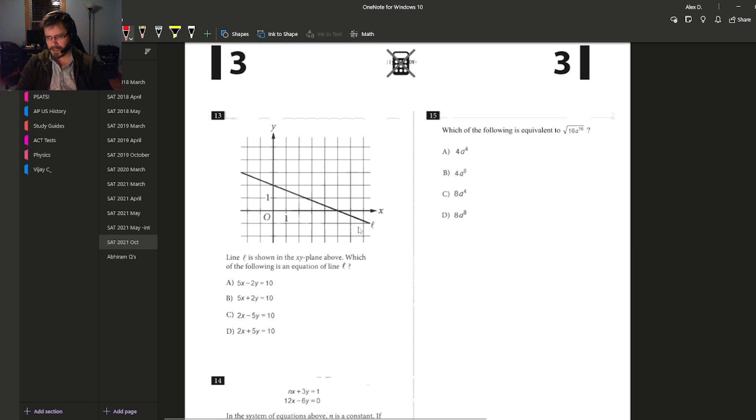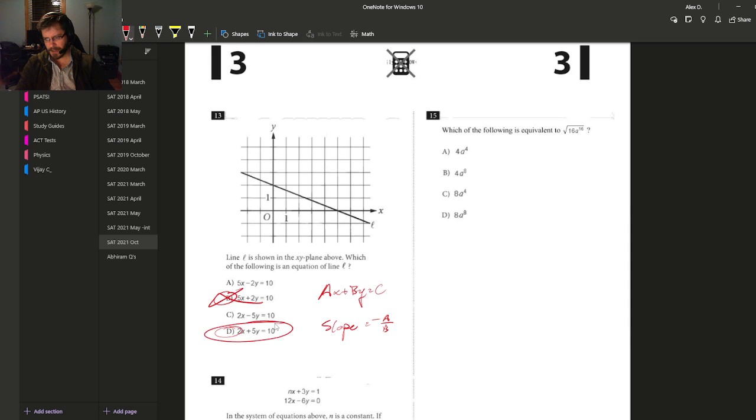Linear function, negative slope, positive y-intercept. Slope is the same in that format, ax plus by equals c. Slope is negative a over b. So it's a negative slope, so I know that I need to have a positive for both of those. So it's either that one or that one. So it goes down 2 over 5, so a is 2.